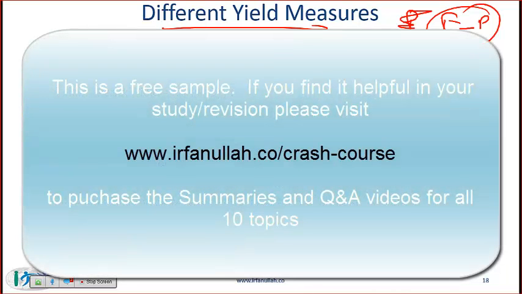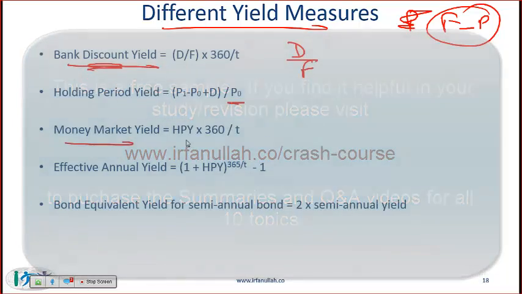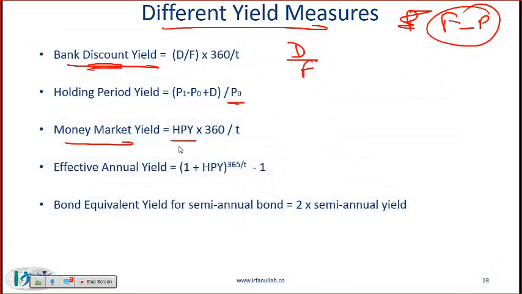The holding period return is the overall return during a holding period of, let's say, 3 months divided by the investment. The money market yield is the holding period yield into 360 over T. And then the effective annual yield is 1 plus holding period yield, actually raised to the power of 365 over T. This is the most precise measure.